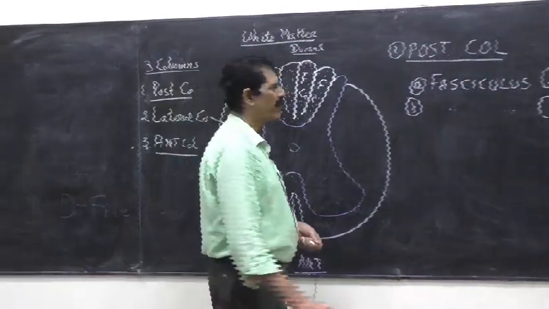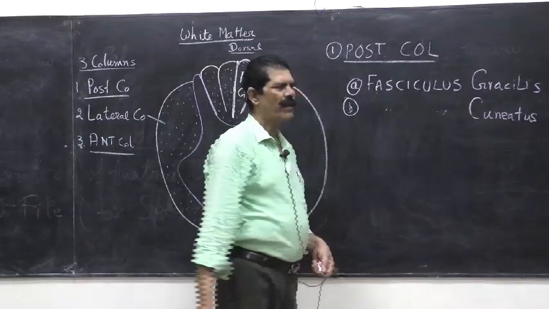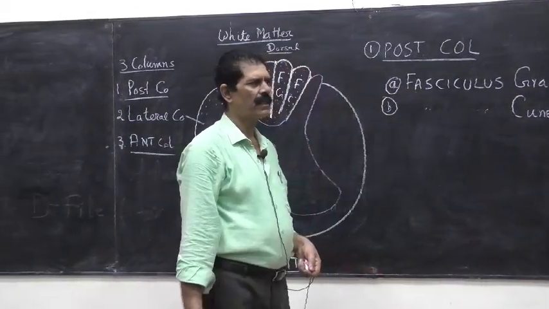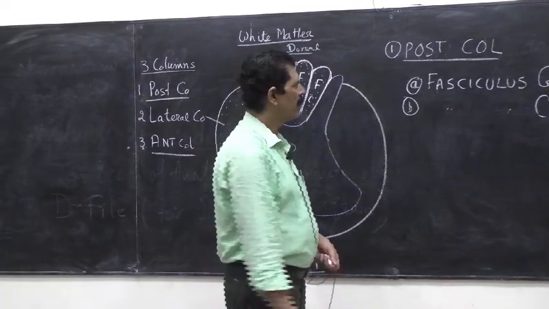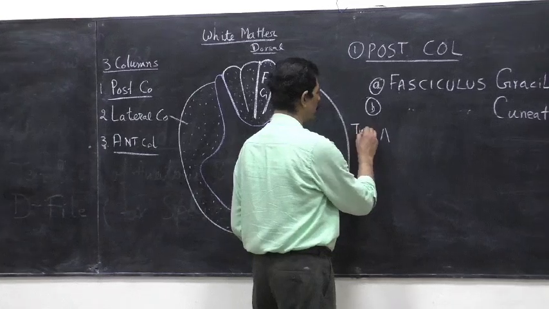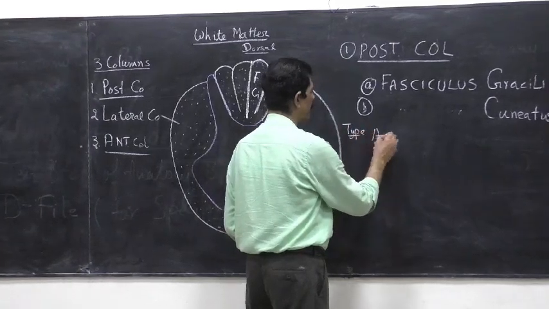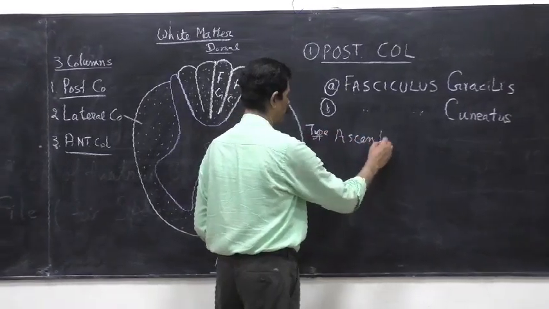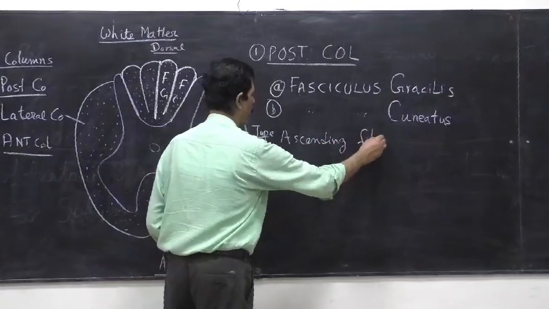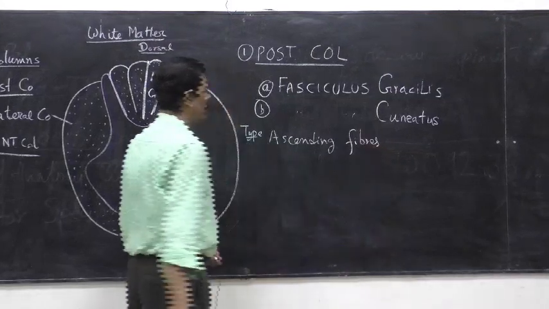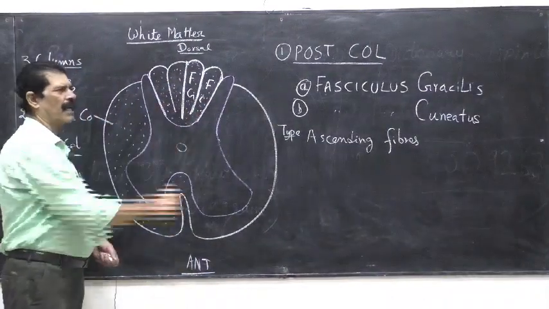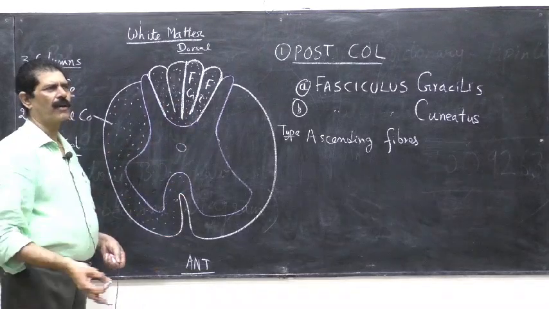Now we will take one by one. So when we dissect the spinal cord and see the termination of these fasciculi, then we see that this is the ascending type of the fibers. So all the fibers on both sides are ascending, going from the spinal cord to the brain.